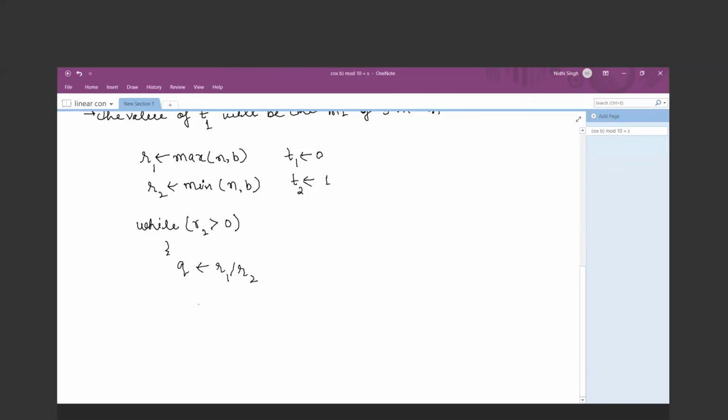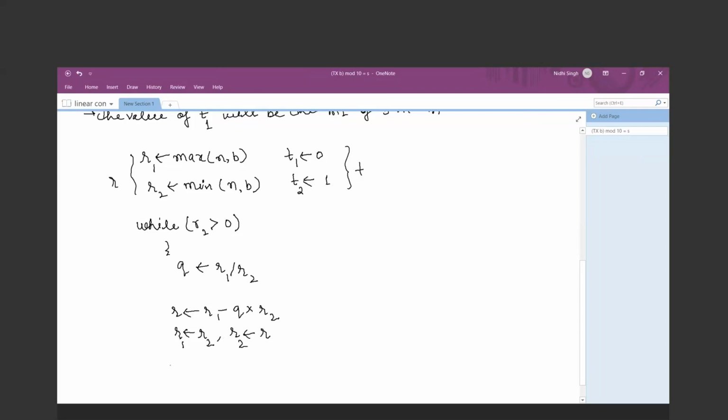Once you find it, you have to update the value of R, the residue, and the value of T, because we have only two variables here, R and T. For the first update, we perform it on R. R will be calculated as R1 minus Q into R2, and finally the left shift: the value of R2 goes to R1 and the value of R goes to R2.